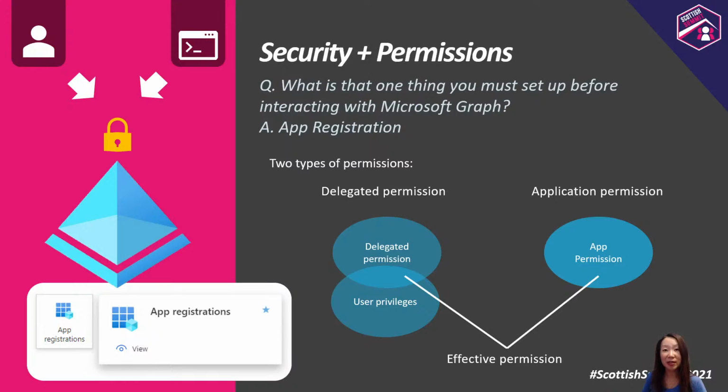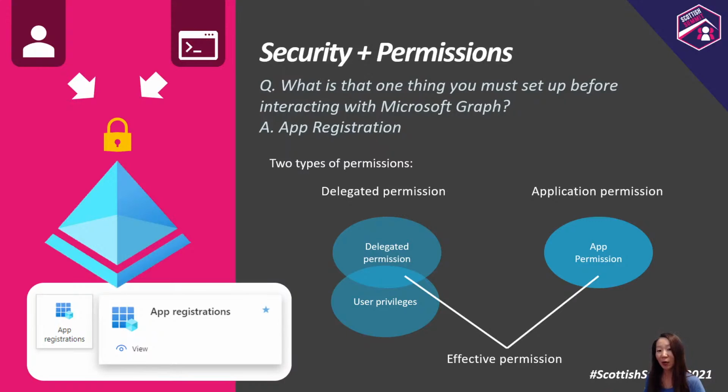For your app to access data in Microsoft Graph, the user or the administrator must grant it the correct permissions via the consent process. As you can see, there are two types of permissions. Delegated permissions are for those when a physical user is present accessing the application. Application permissions are for apps that run as a background service where there is no user present.